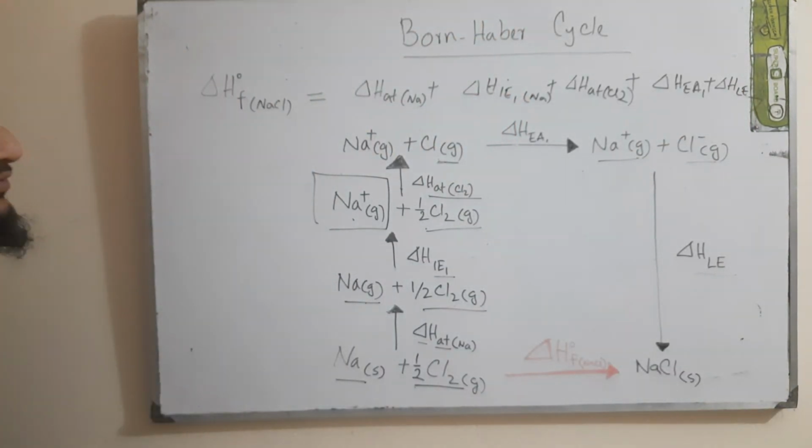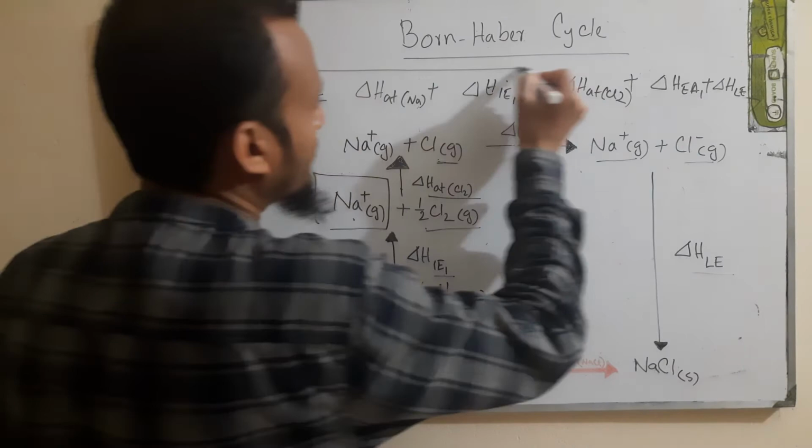I'm done. So this is Hess's law, and this is the Born-Haber cycle.